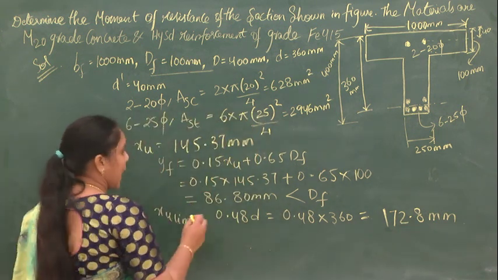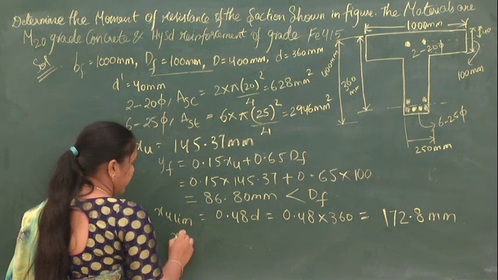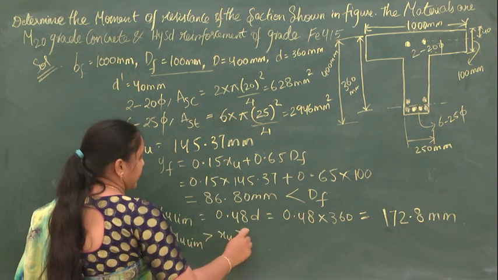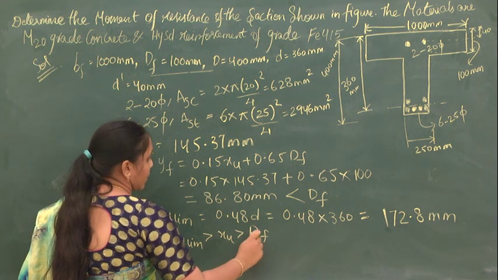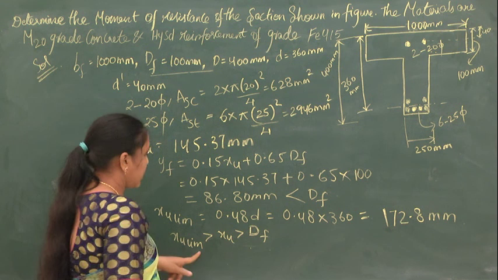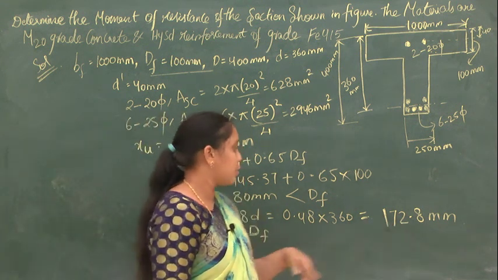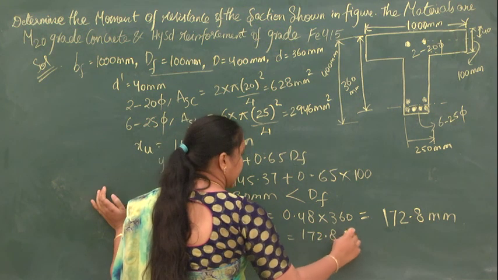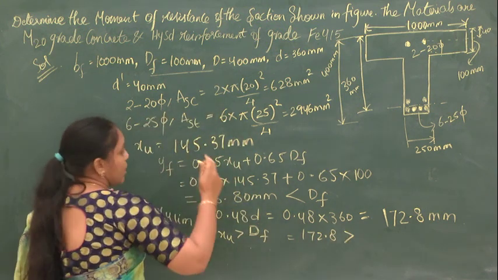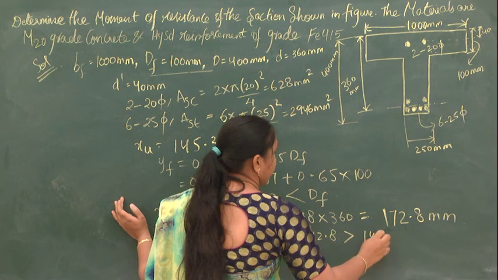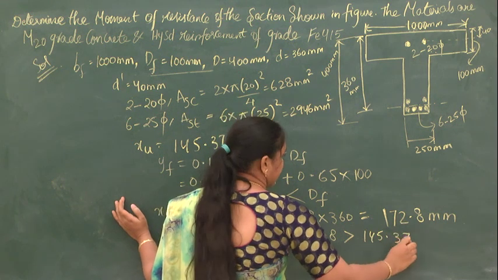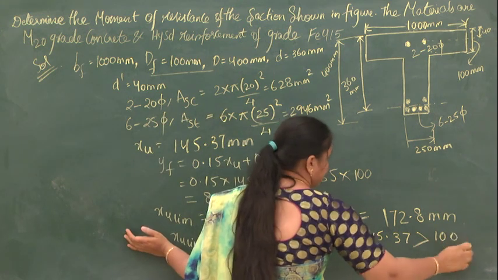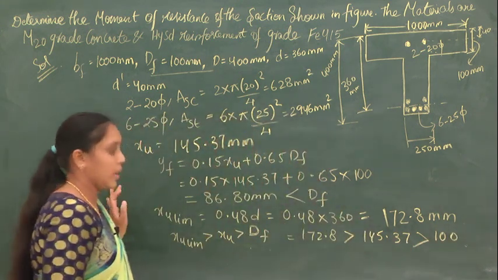Now we have to check XU limit greater than XU greater than DF. XU limit is 172.8 mm, which is greater than XU. What is the value of XU? It is 145.37, which is greater than DF. So hence it is okay.